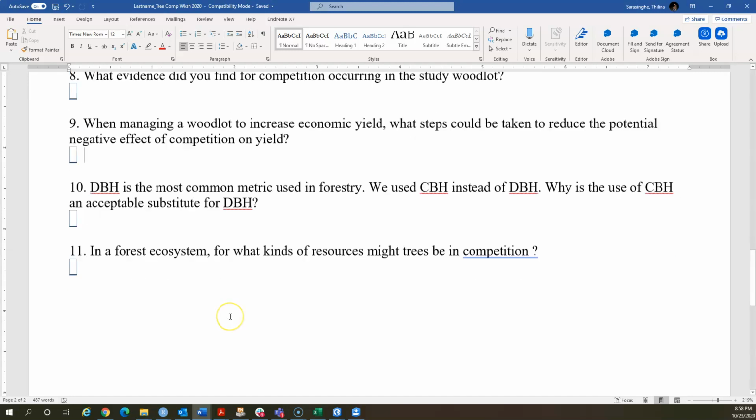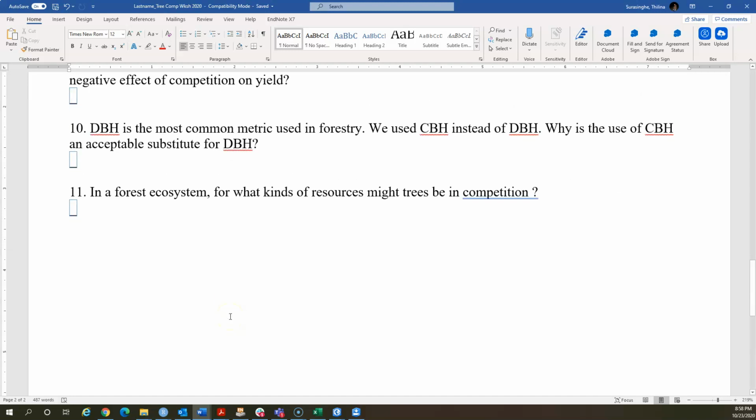Number 11, in a forest ecosystem, for what kind of resources might trees be in competition? Well, it's a simple biological condition, right? What do you think trees compete for? Well, how do you know? Then ask yourself, what are the critical biological resources for trees?